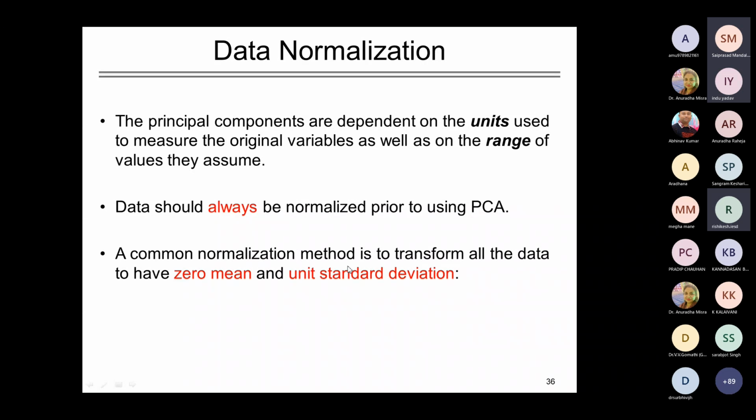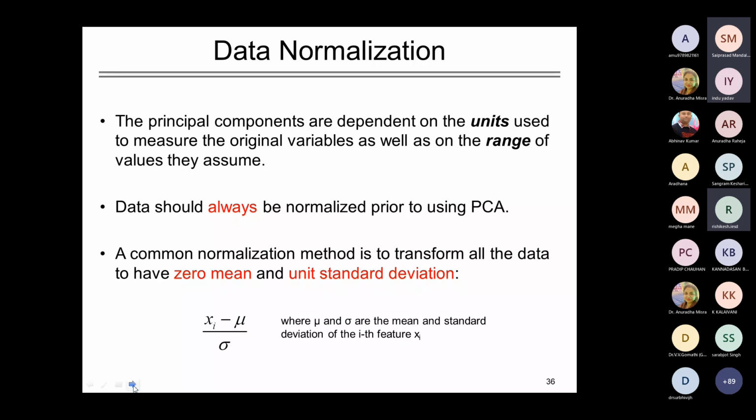A common normalization method is to transform all the data to have zero mean and unit standard deviation. That means it will follow a normal distribution with mean 0 and variance 1, standard deviation 1. That is, x_i minus mu upon sigma, where mu and sigma are the mean and standard deviation of the ith feature.